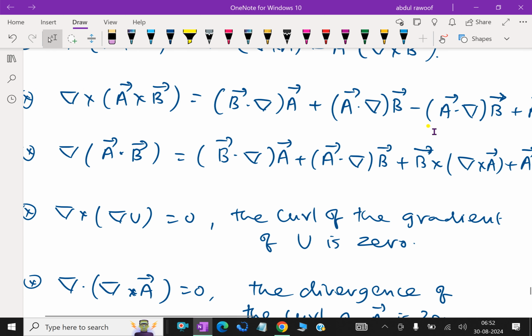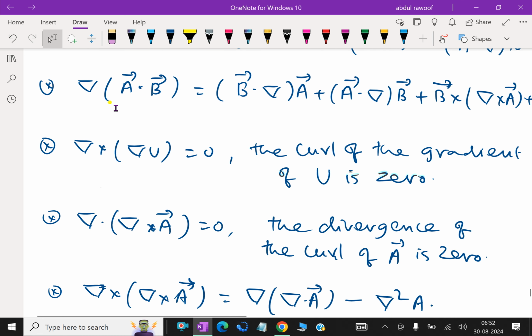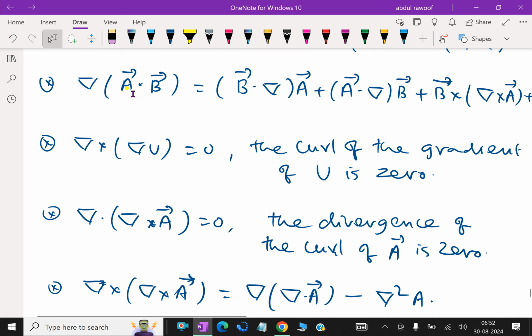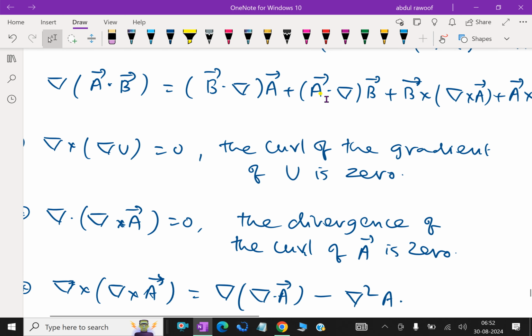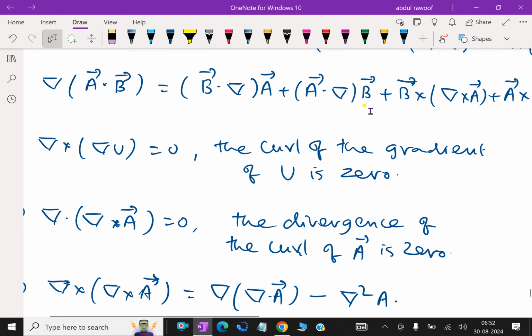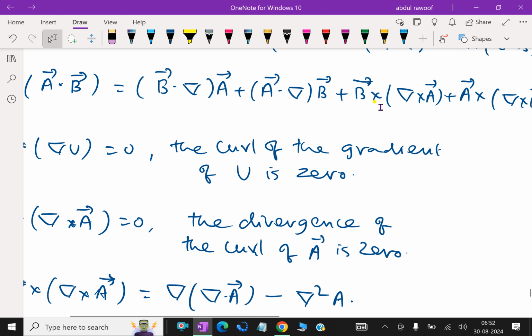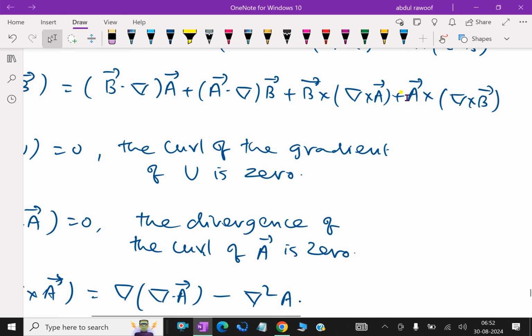Next one, del of a vector dot b vector is equal to b vector dot del of a vector plus a vector dot del of b vector plus b vector cross of del cross a vector plus a vector cross of del cross b vector.